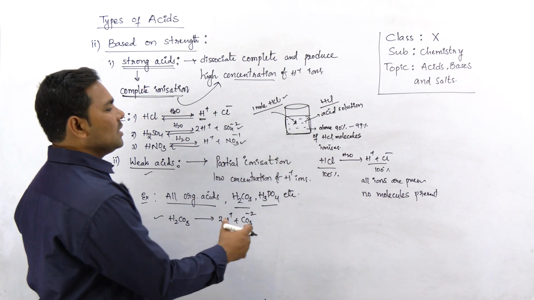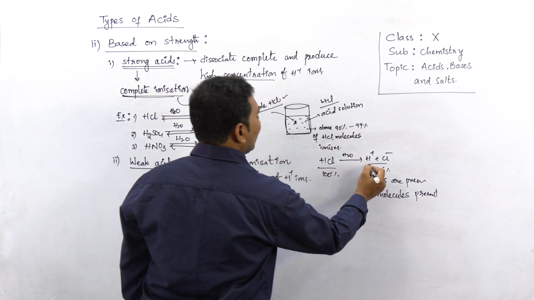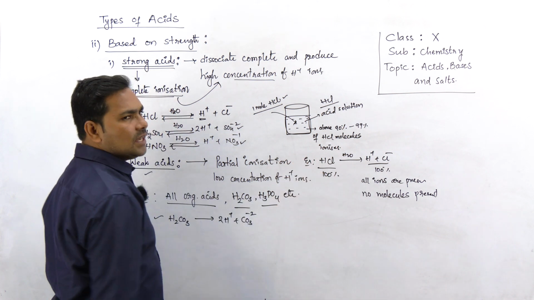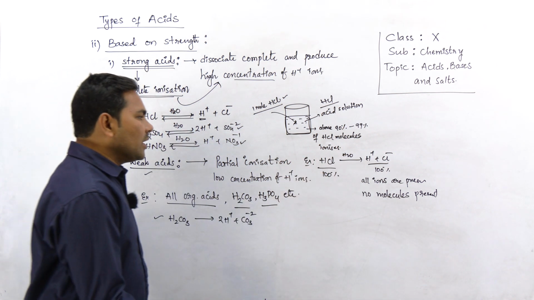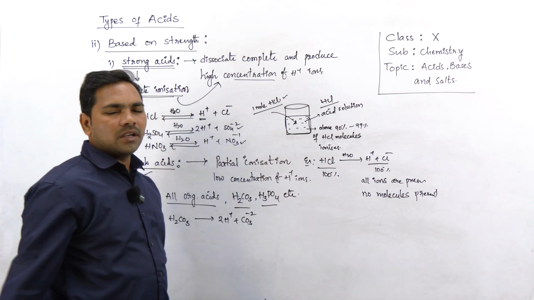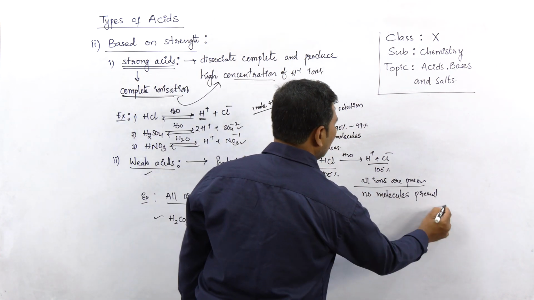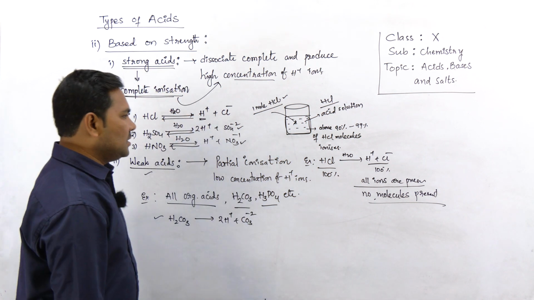All the molecules are turned into their ions, H+ ions and Cl- ions. Likewise, any other strong acid, when added to water, undergoes complete ionization. As a result, we cannot see any molecules present in it.